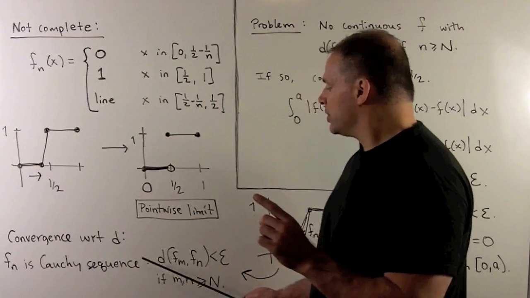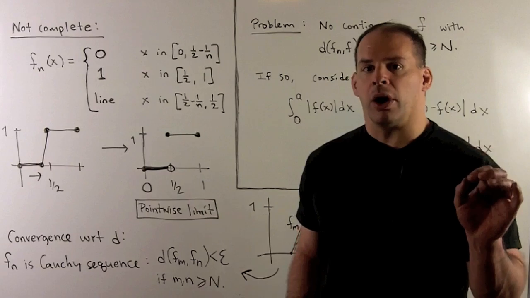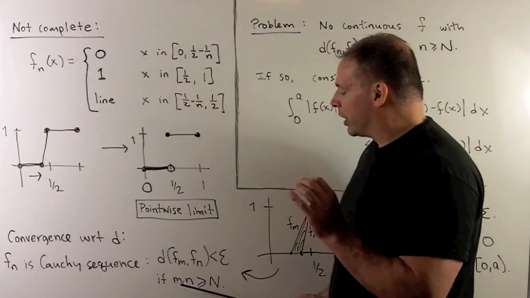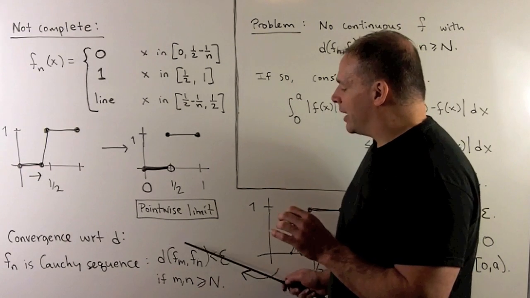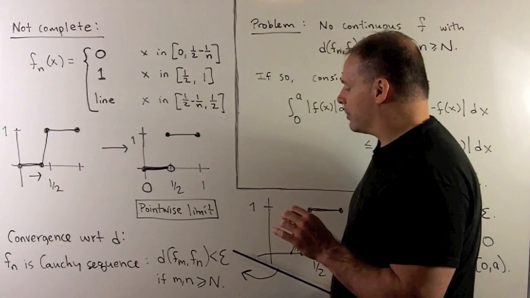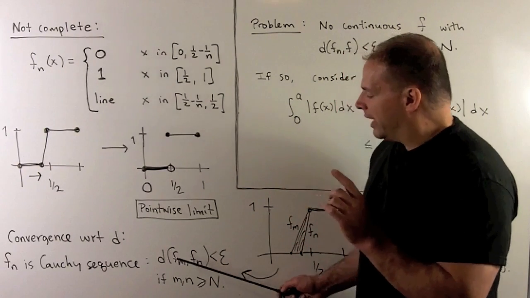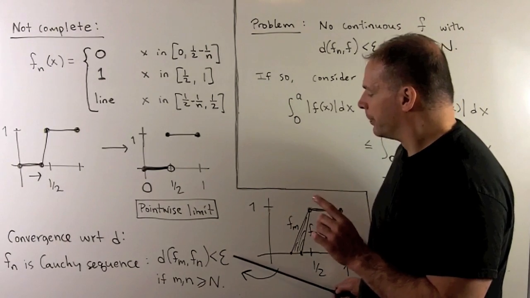Definition of a Cauchy sequence. Our test is, someone gives us an epsilon greater than 0. We want to find a capital N such that if we let our indices go out past this capital N, the distance between f sub m and f sub n is less than epsilon. So the idea here is, we're taking the area between our two functions, and we will get that less than epsilon.